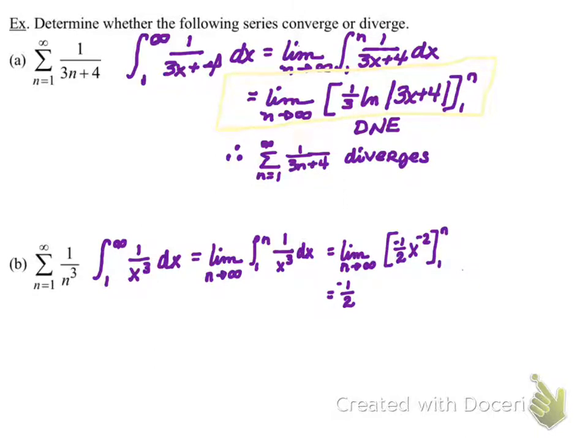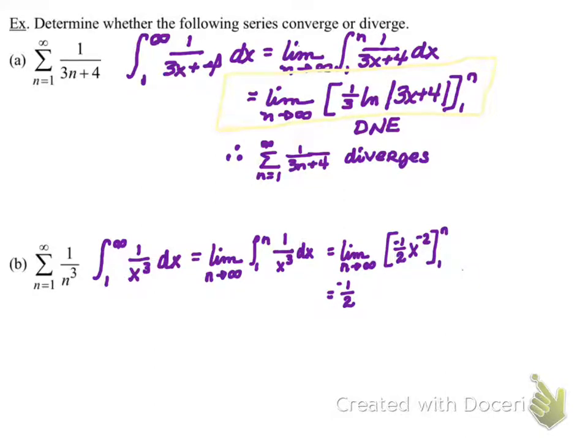As n approaches infinity, that whole entire sum is getting closer and closer to -1/2.